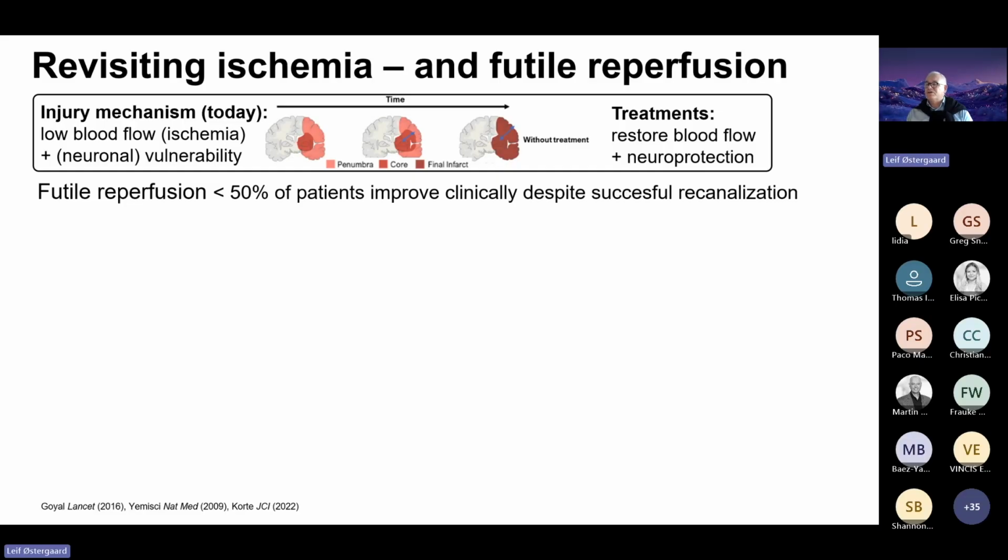So we should be protecting those and accepting that neurons probably die when they sustain a certain level of hypoxia. And then we have that poorly understood phenomenon, the fact that even though we restore blood flow, we can't stop the increase in or this demise of the core or the penumbra, as you see in the top.